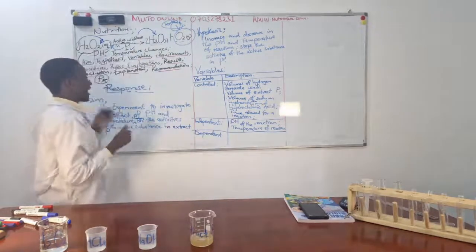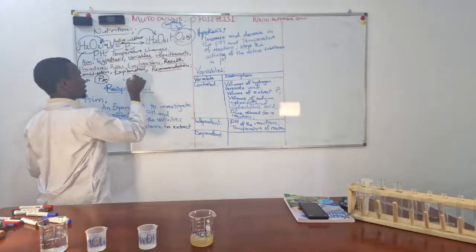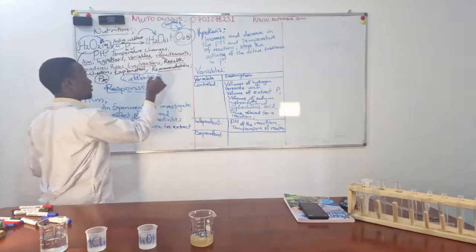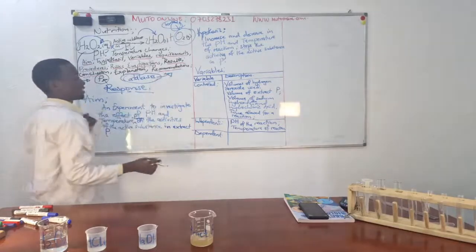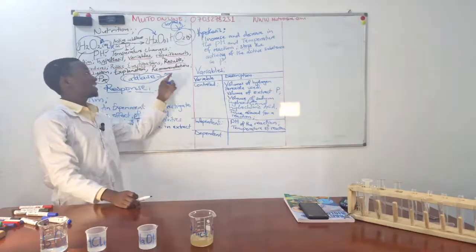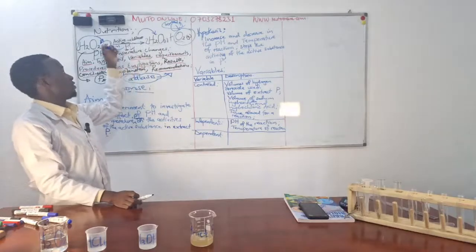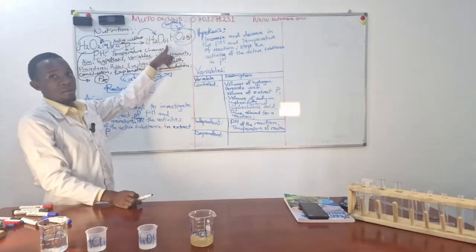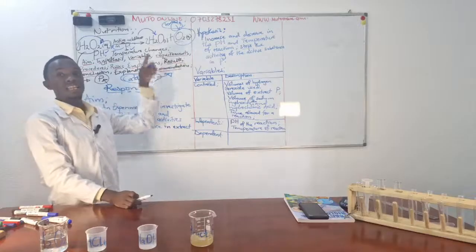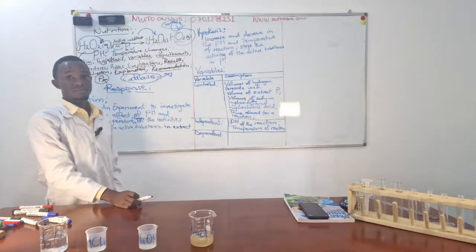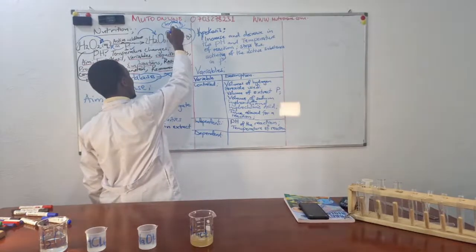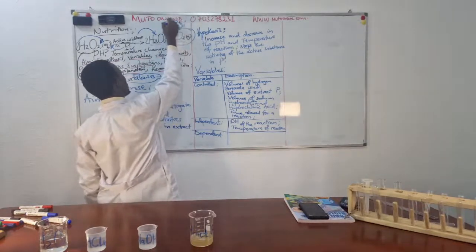And the body has an enzyme called catalase. This catalase enzyme, the only purpose it has in the cells is to catalyze the hydrolysis of hydrogen peroxide to form water, which is a liquid and harmless to the cells, and then oxygen. It is the oxygen in our investigations that is going to be seen as bubbles being formed.